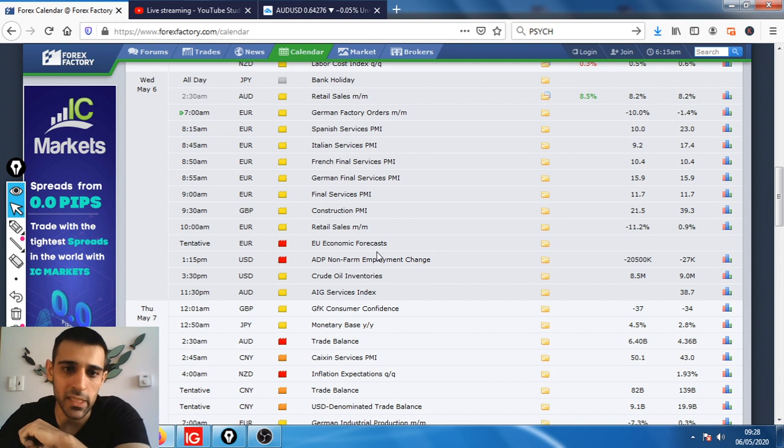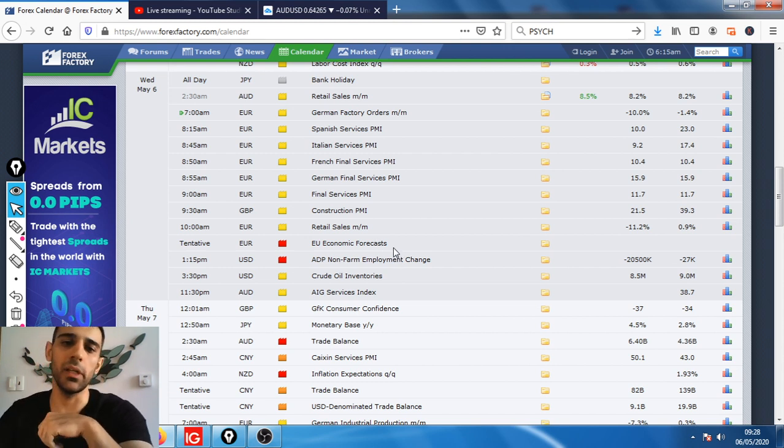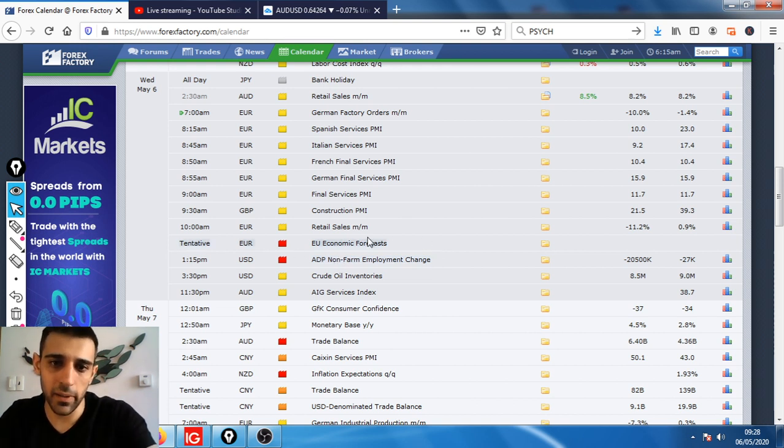So it's always better to have a tiny loss with a tiny stop loss, rather than have a big losing trade just because you have not used the stop loss. That can affect depending on the speech. And we also have the ADP non-farm employment change. So this is a 115.